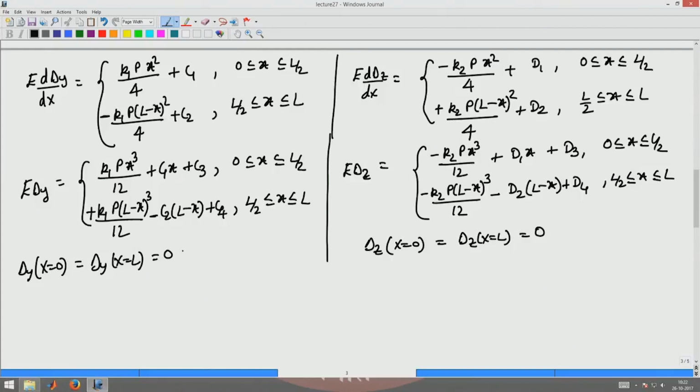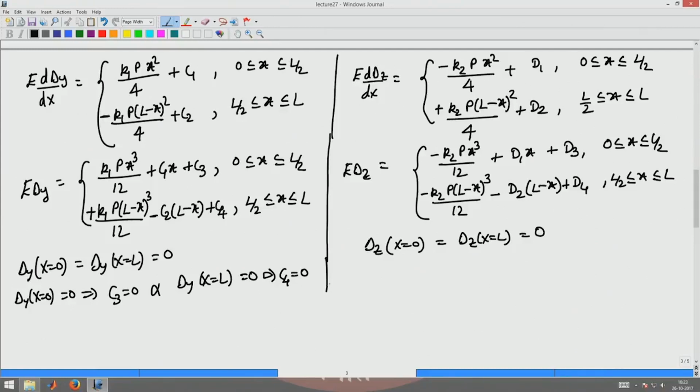It can happen that it can be simply supported in y and fixed in z, or vice versa, or fixed in both, so that depends upon the problem at hand. Okay, so this is 0. So these conditions will imply that delta y at x equal to 0 implies c3 is 0, and delta y at x equal to L equal to 0 would imply c4 is 0.